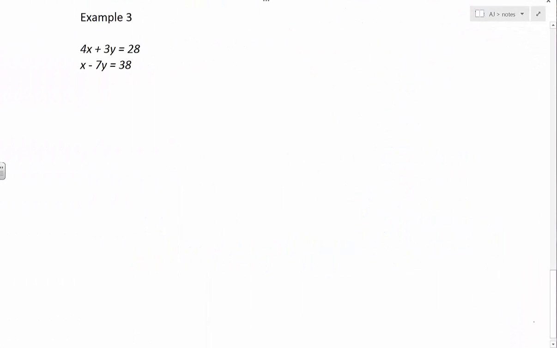And in this third example, again, we need to try to find one variable which is by itself, an easy one to make into a substitution. And again, we can see in equation 2, x minus 7y is 38. So adding 7y to both sides, this will give us x equals 38 plus 7y.